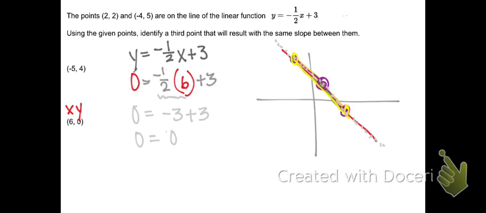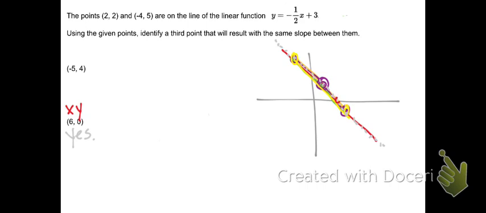That's a true statement. So if we put 0 in for y and 6 in for x, it works. So this is a solution to this equation, which is being graphed here. So this point is going to be on this line. This must be this point right here where it intersects the x-axis at 6.